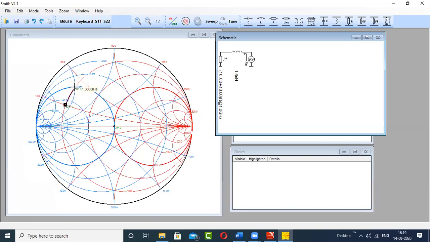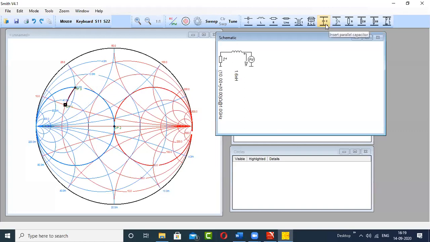If you move along this path, you can reach the center. Once again, you are moving clockwise, but this time on the admittance chart. So a capacitor is required, and that too in shunt.